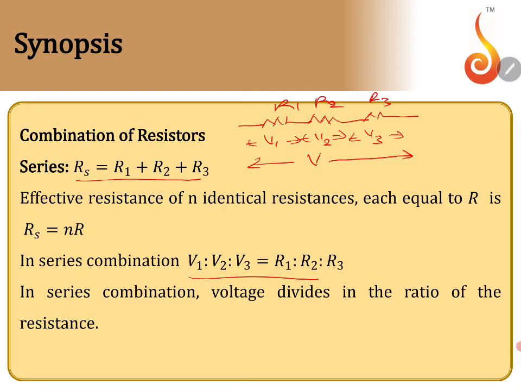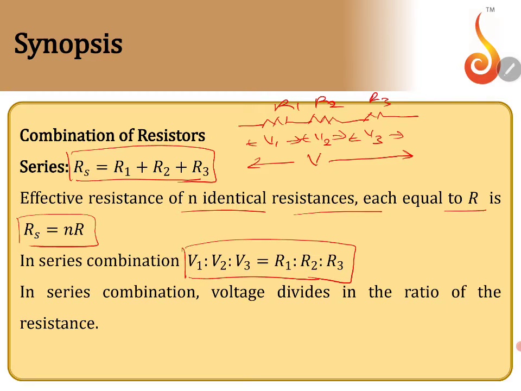Then I can write the potential difference across them, that is V1 is to V2 is to V3, will be equal to R1 is to R2 is to R3. Now the series combination of resistance, as we know that Rs is equal to R1 plus R2 plus R3. If there are n identical resistors, then the value of the effective resistance in series will be equal to NR.